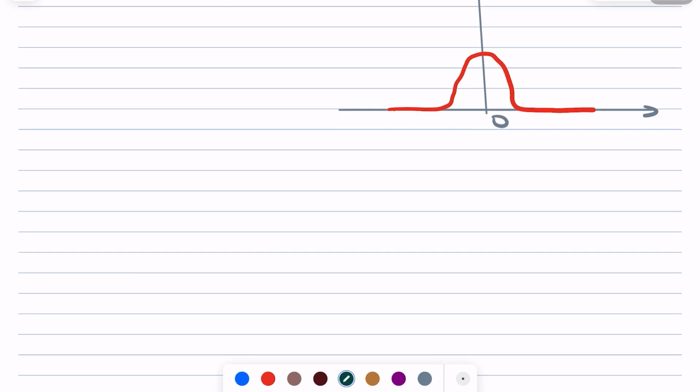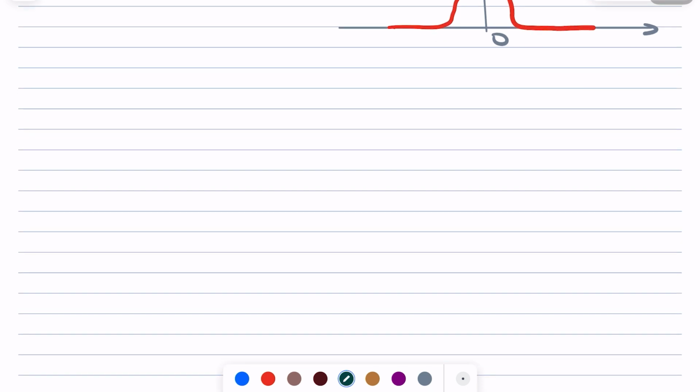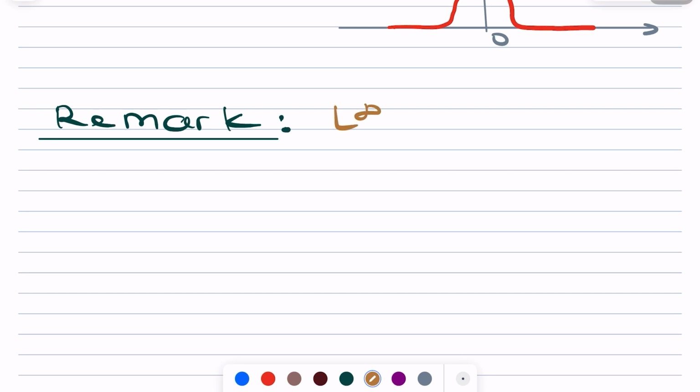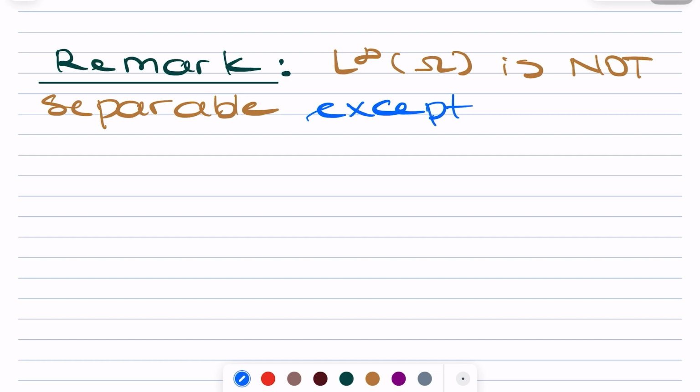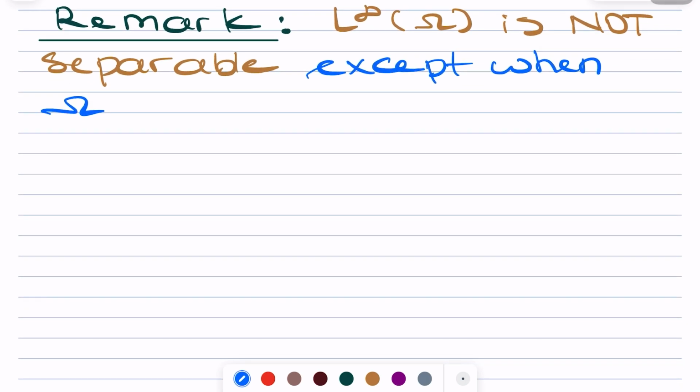Okay, so remark. L infinity of omega is not separable, except when omega consists of a finite number of atoms.